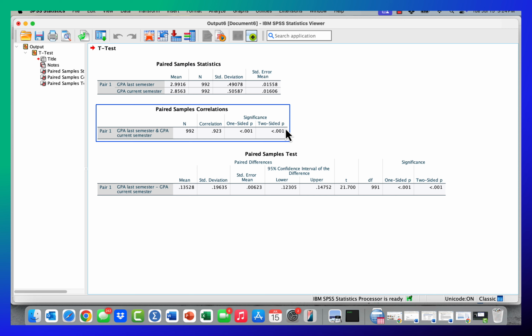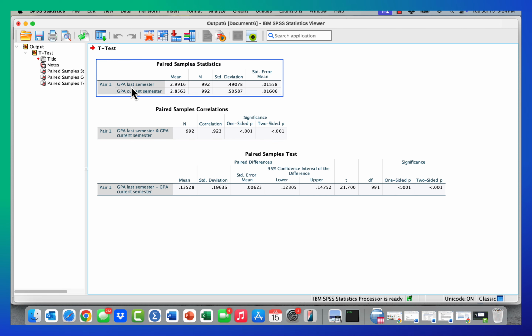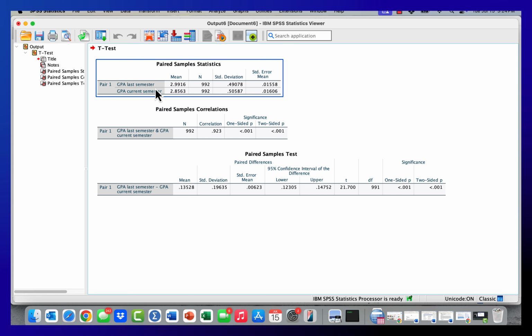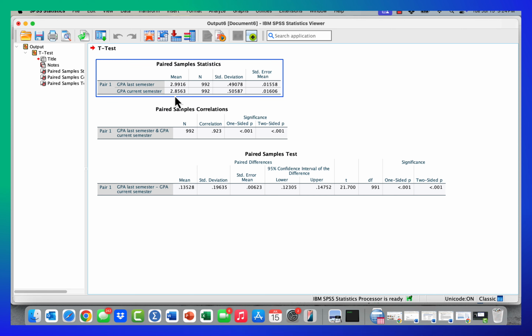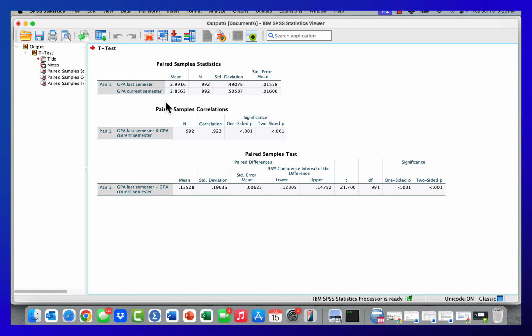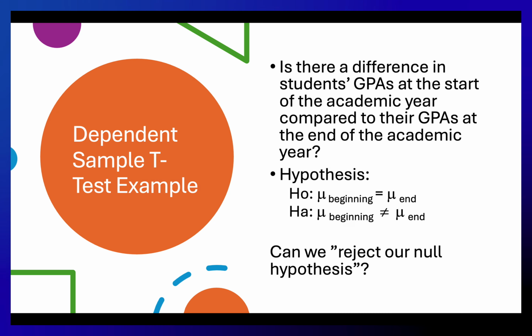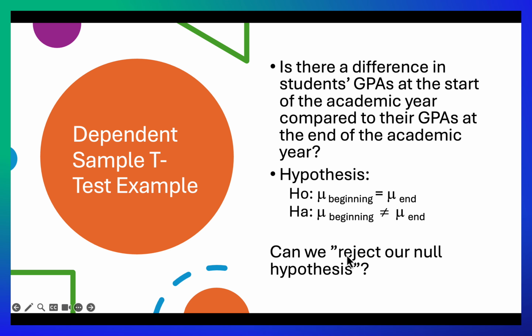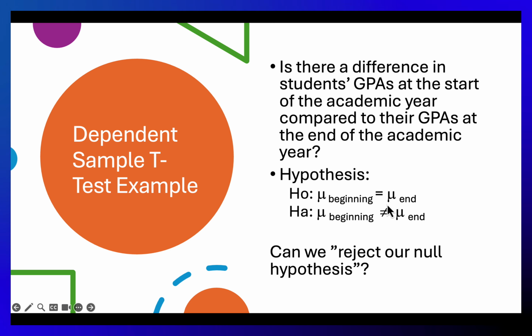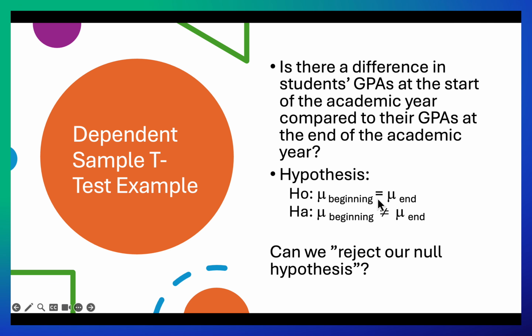Likely for the population of Amhara students, the difference, the lower GPA this semester compared to our prior GPA, is statistically significant. Coming back to our hypotheses, we can reject our null hypothesis, because our t-test results indicated that likely there's a statistically significant difference between the two GPAs at the start and at the end.